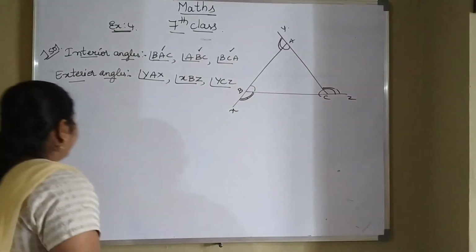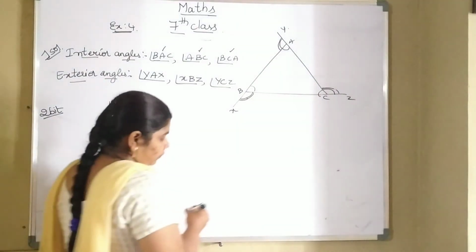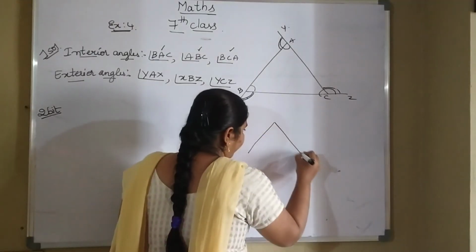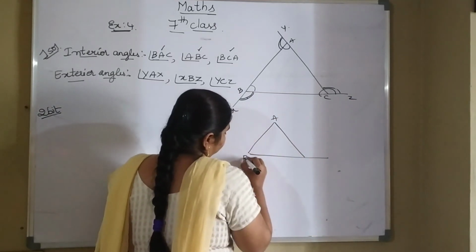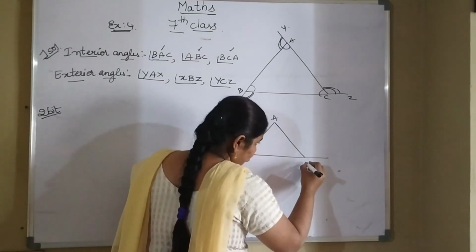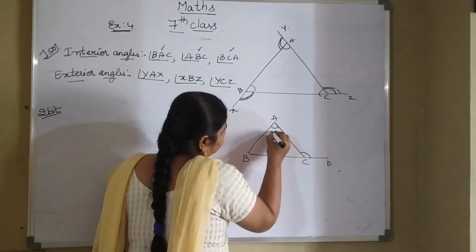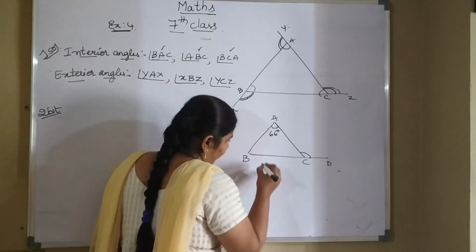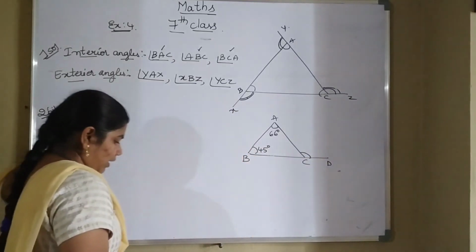Okay, next is the second bit. They have given one figure. You have to find the exterior angle here. This angle you have to find. Here it is 66 and here it is 45. We have to find this angle C value.